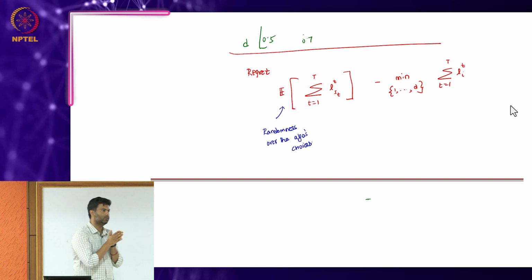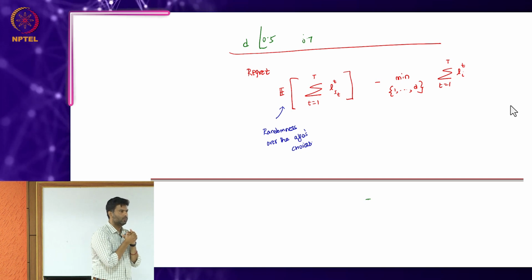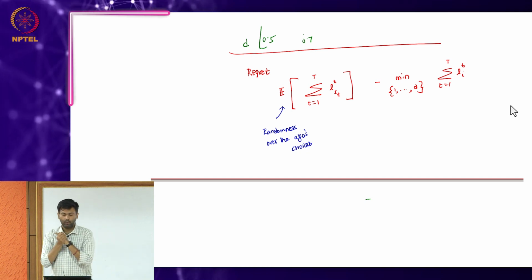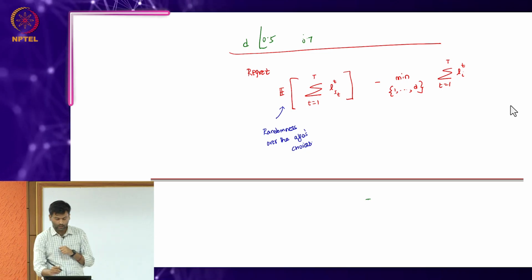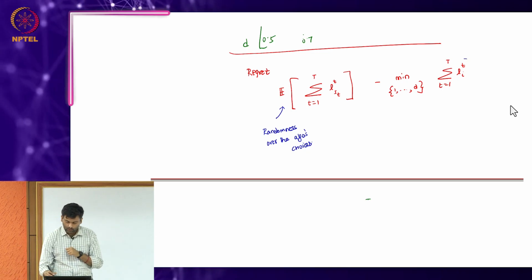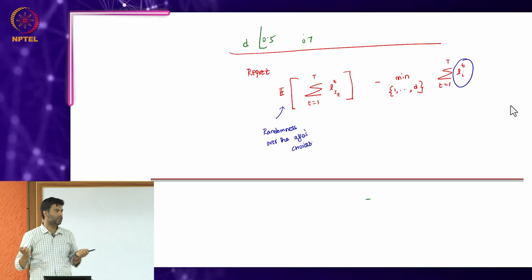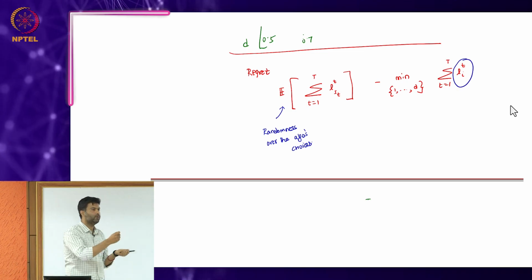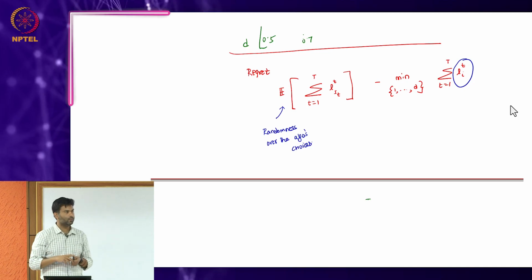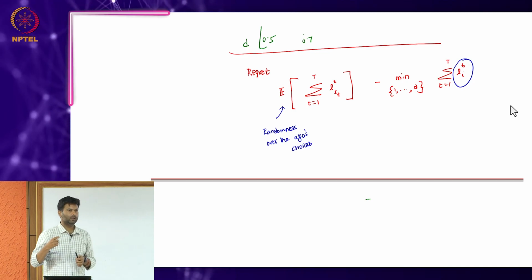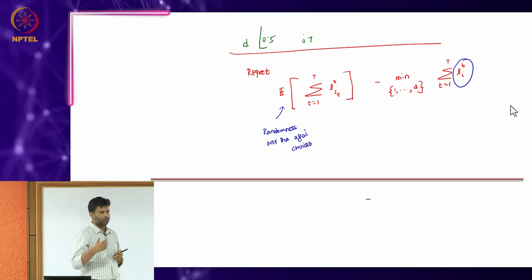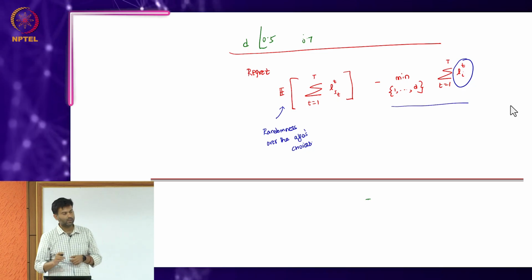Each step we try. But okay, we don't know LT. So the problem is that earlier, at least you could have computed this if you knew LT completely. Here you are not even shown LT, right? If you choose randomly, then what is the guarantee that you would do well with respect to this guy?